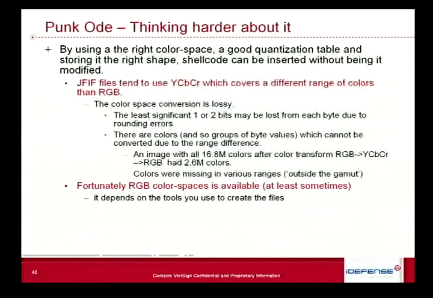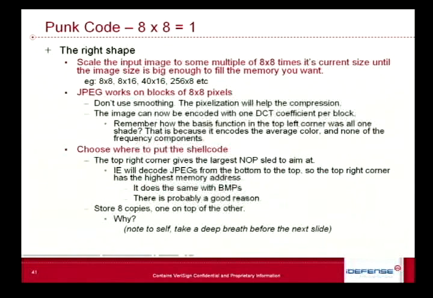But you can sometimes, depending on the tools you use, encode your JPEGs with RGB color space. And you have to have the right shape. If you scale, as I said, scaling the image to some multiple of 8 by 8 times its current size, until it's big enough to fit in memory, do that. JPEGs, they work on those blocks. If you don't use smoothing, the compression gets helped.